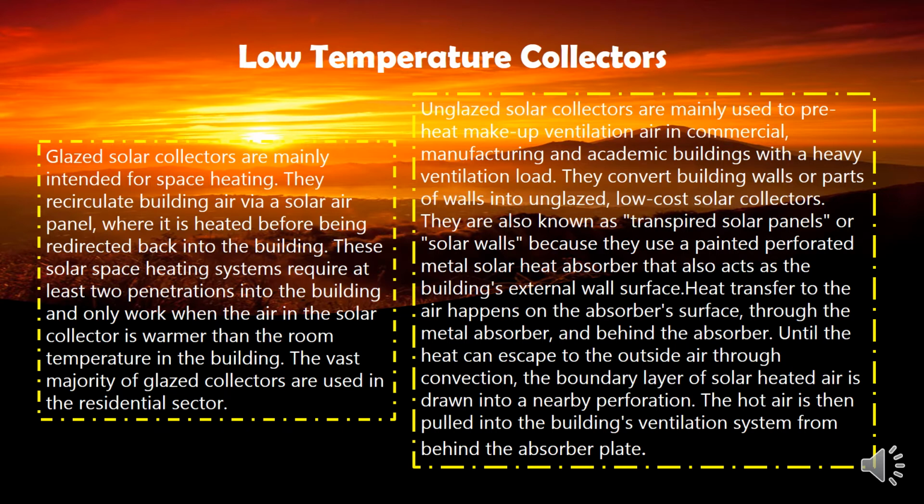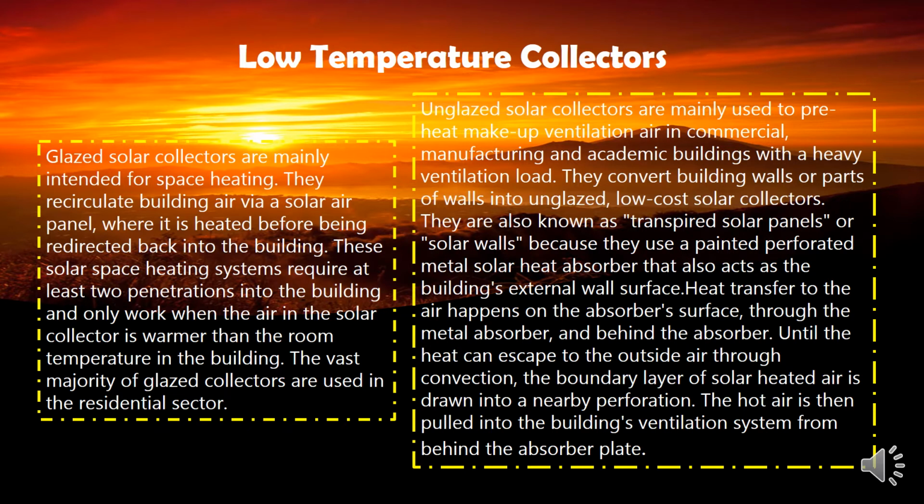Heat transfer to the air happens on the absorber's surface, through the metal absorber and behind the absorber, until the heat can escape to the outside air through convection. The boundary layer of solar heated air is drawn into a nearby perforation.